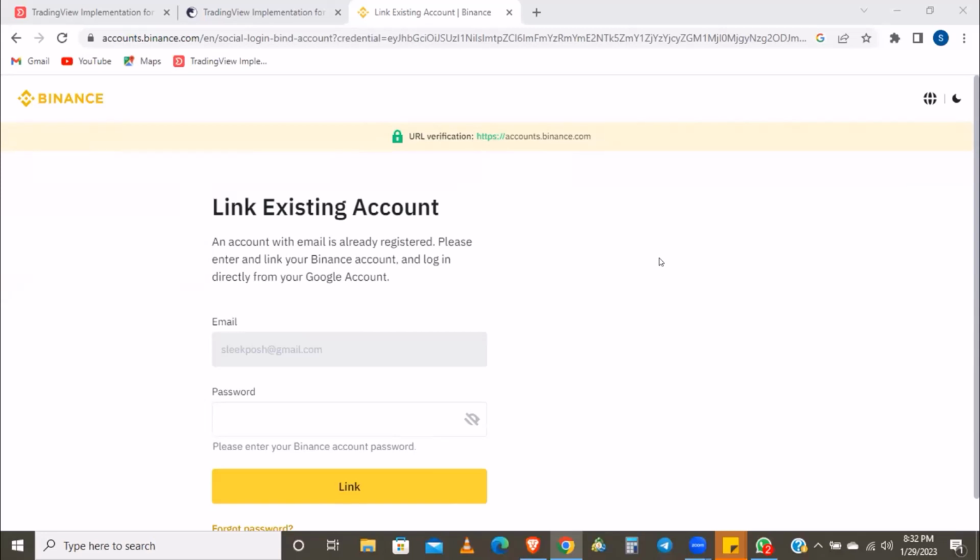I'm trying to share my screen, please pardon me, but it doesn't seem to be working, so let me see if I can just use the web interface to quickly explain what I want us to see.